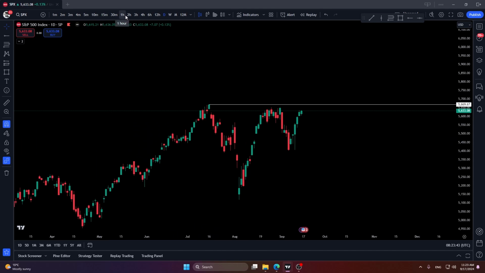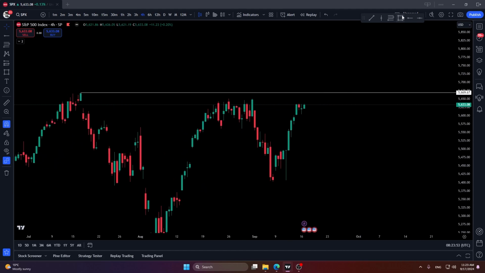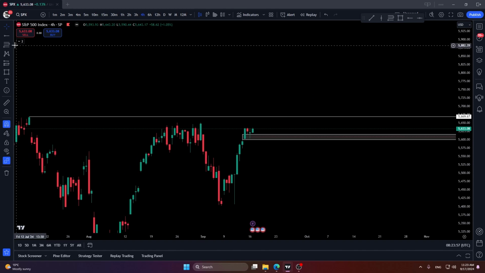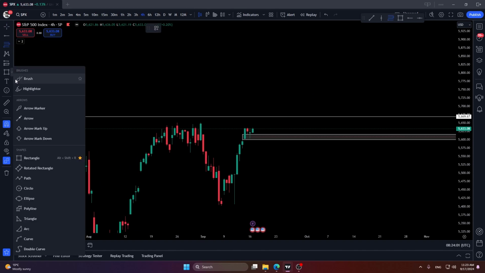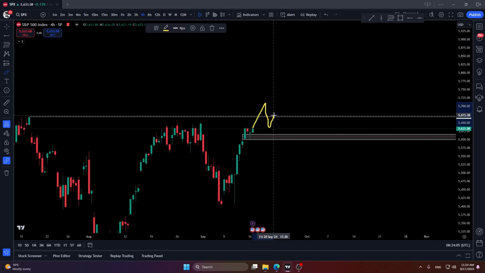But just looking at it from the 4-hour chart, we can see this gap right here. So if we were to see something like this, one entry could be formed right here.